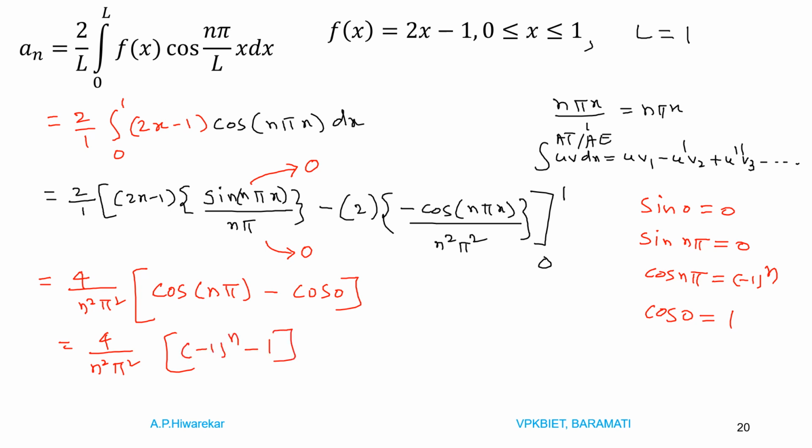Okay. So finally we have the value of f(x). We will calculate it by applying the standard formula. The a0 value we got, the an value we got. Now we calculate f(x). The formula for f(x) is a0/2 + sigma an cos(n pi x / l) with n from 1 to infinity.